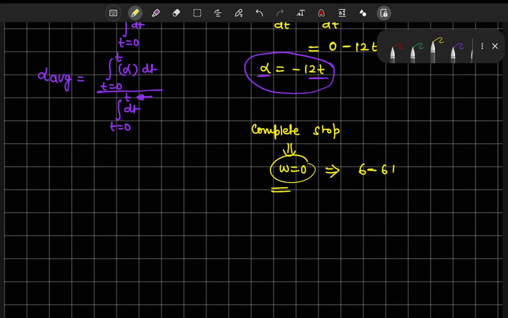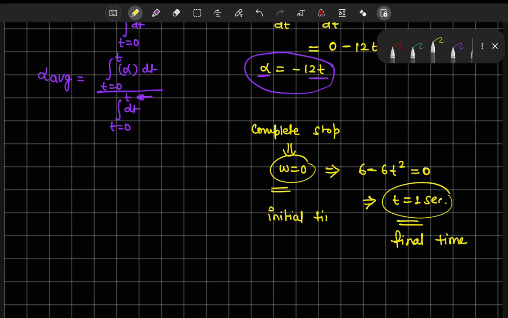So we can write 6 minus 6t square is equal to 0, and from here we find t is equal to 1 second. So this is the final time, and the initial time is t is equal to 0. So we will integrate from t is equal to 0 to t is equal to 1 second.